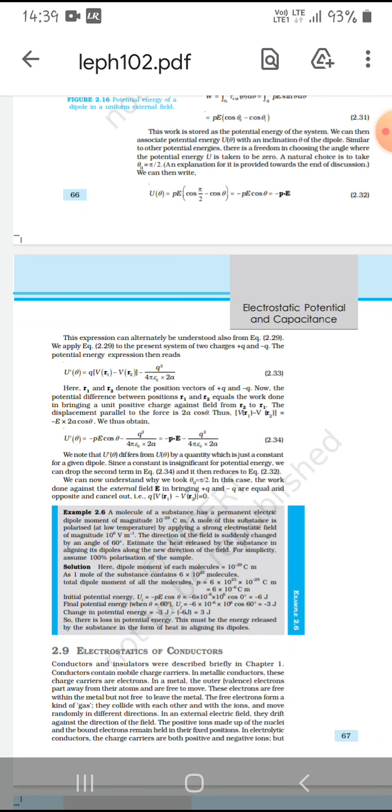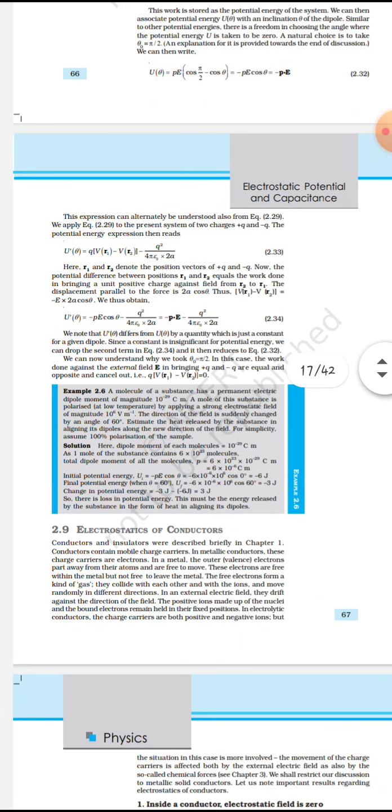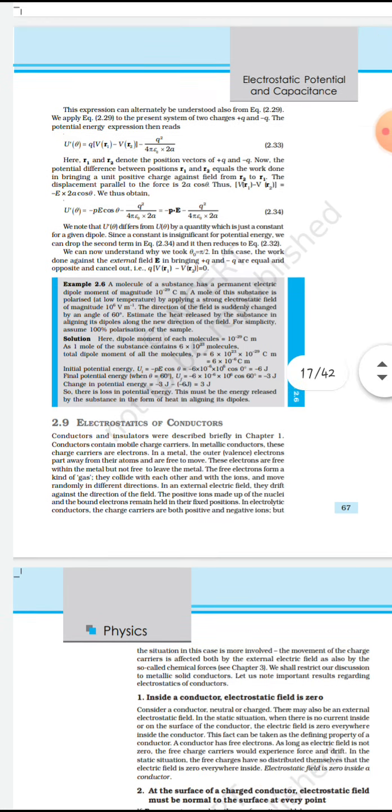The terms which are opposite cancel out, and we get q (V(r1) minus V(r2)) is equal to 0. This is the configuration we get.